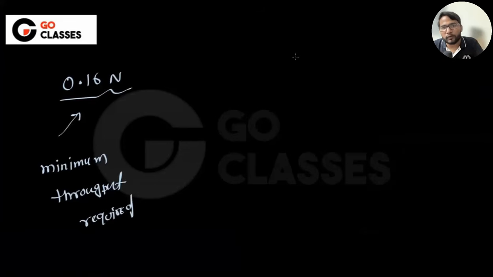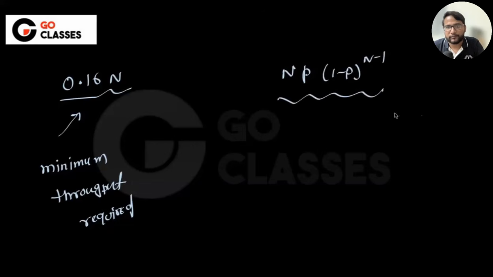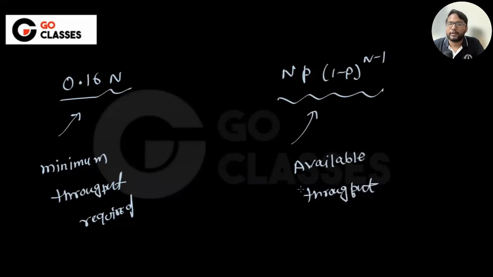What is the available throughput? What I can at max provide is n into p into (1 minus p) power n minus 1. This is the available throughput, and this is what is required. So the available should be equal to the required.